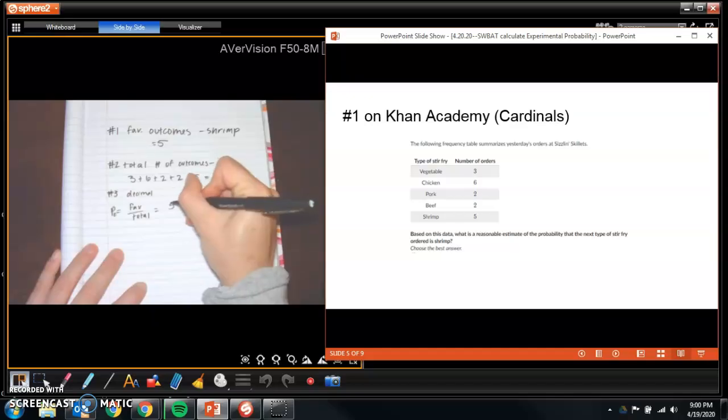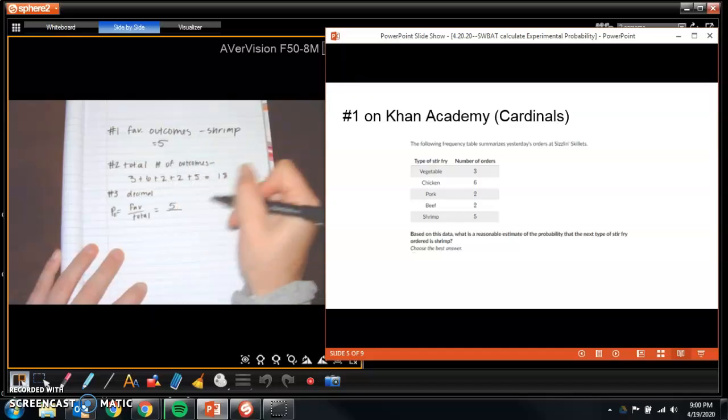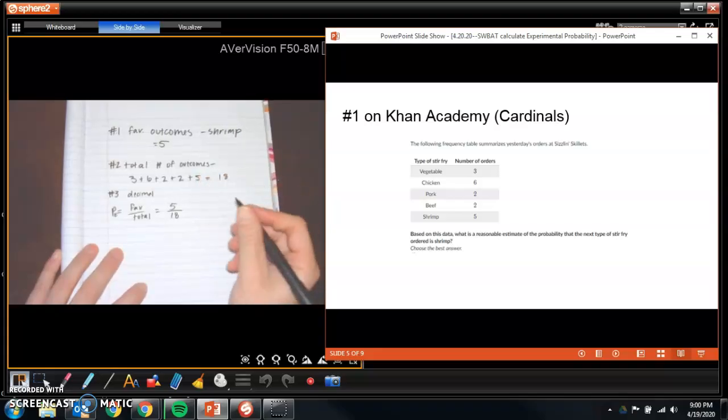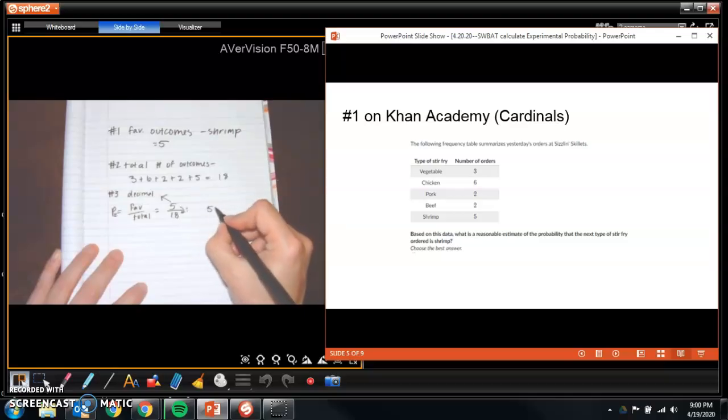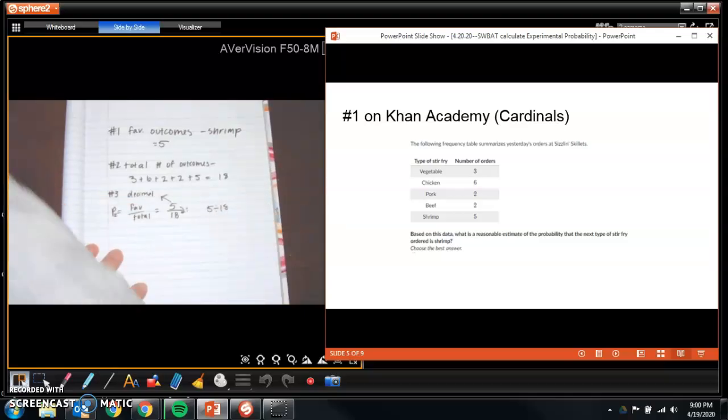So I have 5 favorable out of 18 total outcomes. 5 out of 18 are shrimp. So because I need to get this to a decimal form, I'm going to take this top number and divide by this bottom number. So I'm going to take 5 divided by 18 using my calculator.